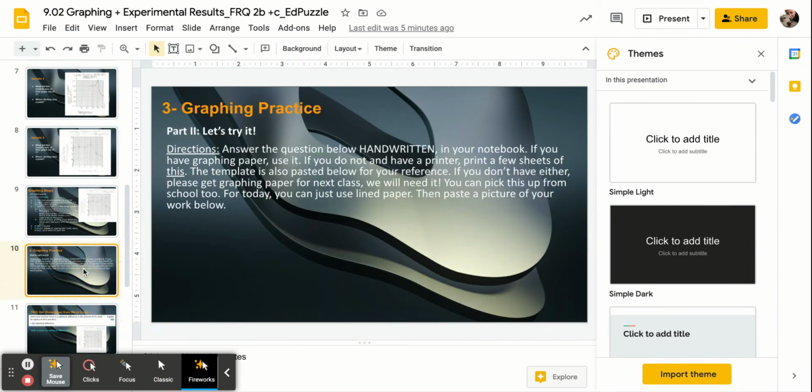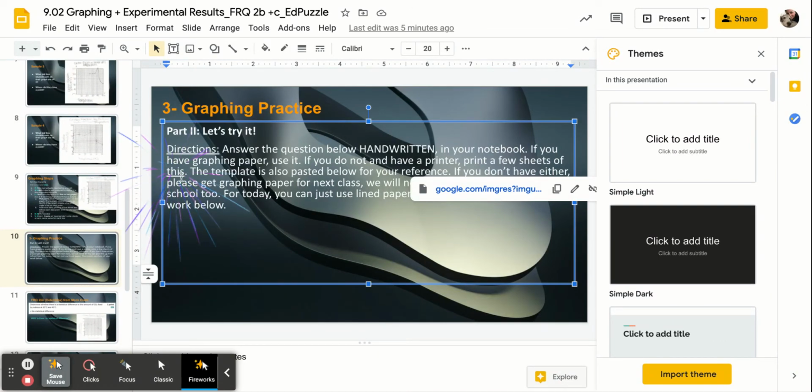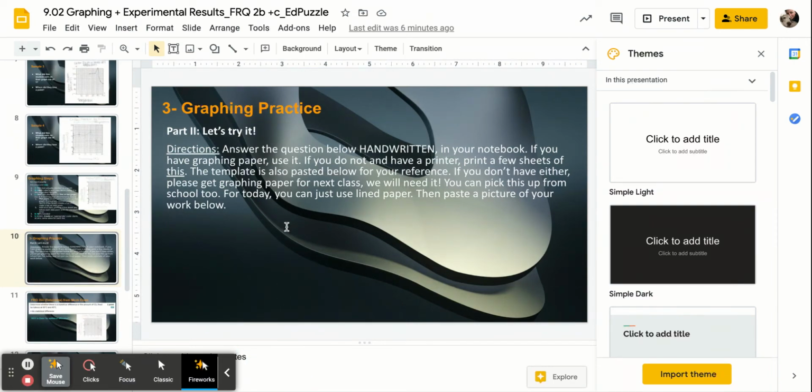So y'all are gonna go and actually practice your graphing right now. You're gonna handwrite this in your notebook, okay? There is a link to some graphing paper. If you have graphing paper, you can use that, and I'll put the link to the graphing paper in your Edpuzzle as well, so you can either print it or you can use line paper for today.